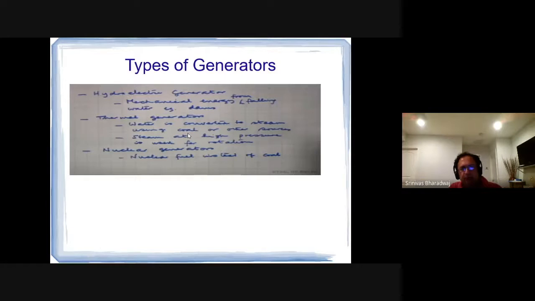The dam that they have on the Ganga, called the Tehri Dam, produces, I think, almost a gigawatt or more of power, because of the height from which it flows.